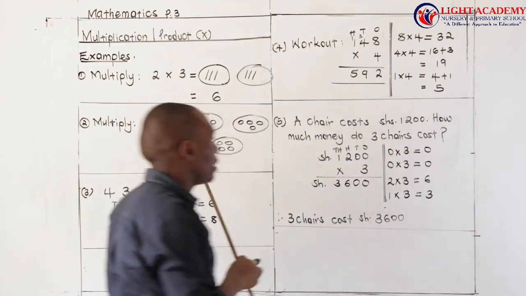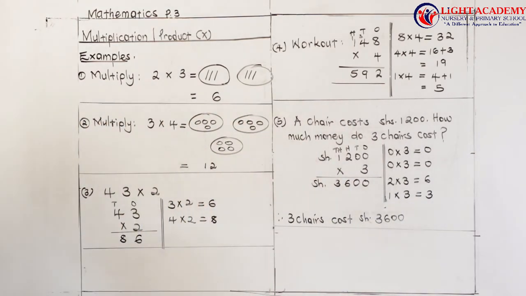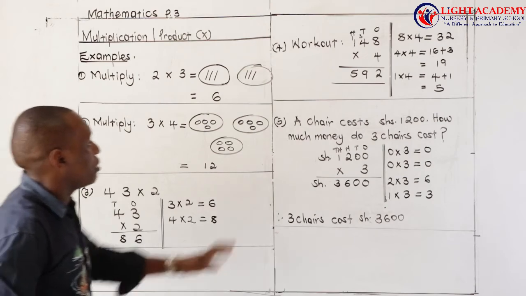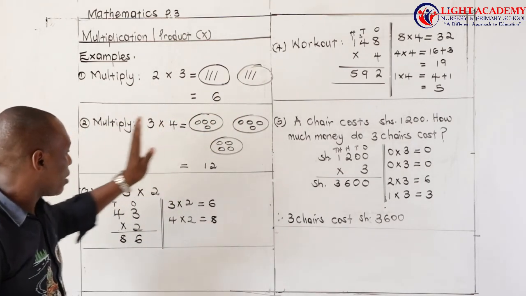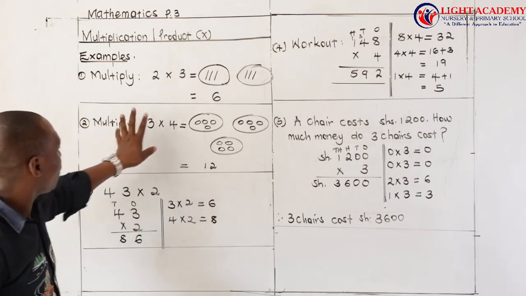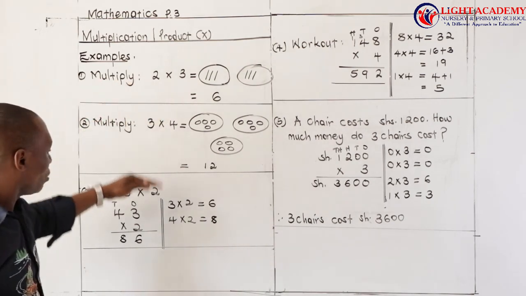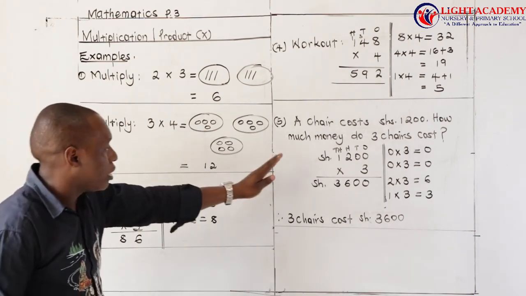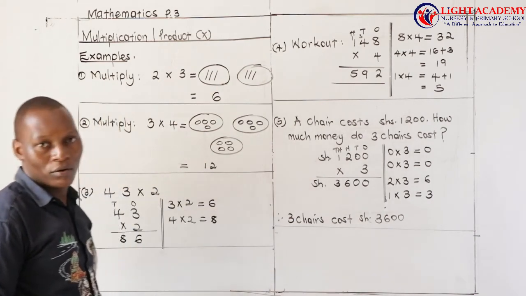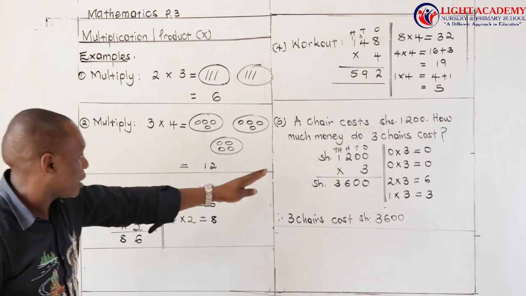So our dear learners and viewers, at this level of primary 3, we can actually have all of these questions set in our exercises. We can refer to the P.3 work, we can use this vertical multiplication either in figures or using words, as we've done it in the last example.